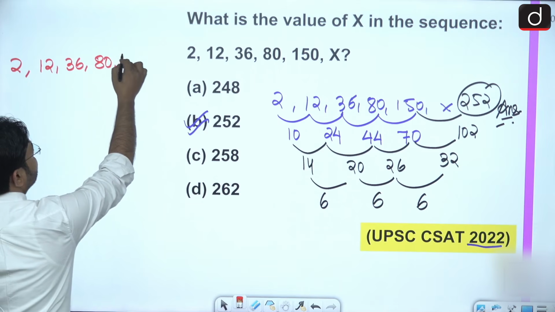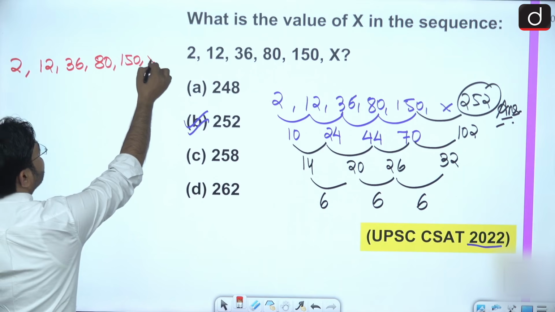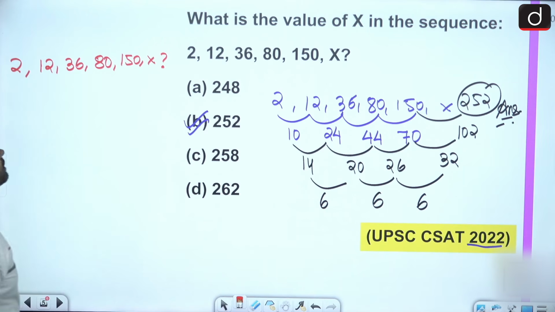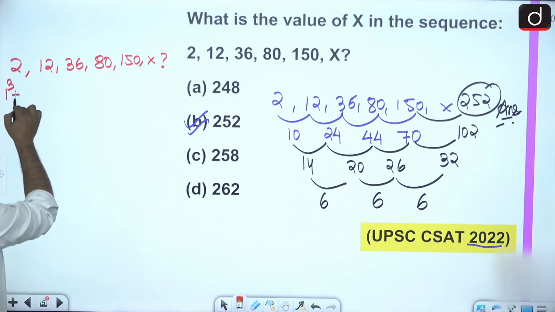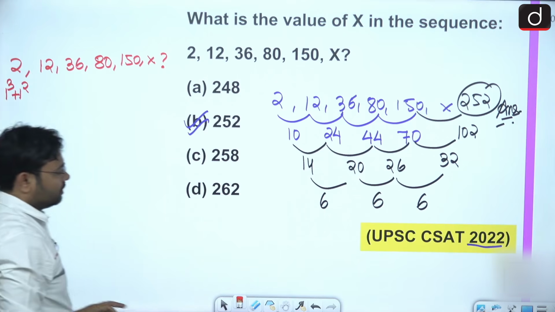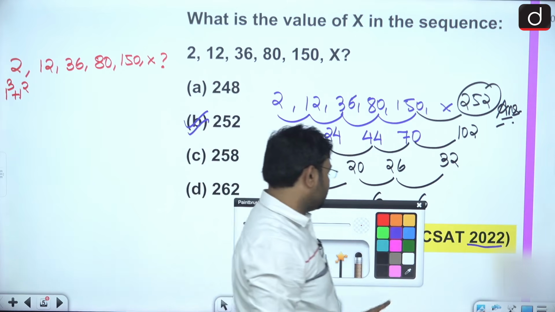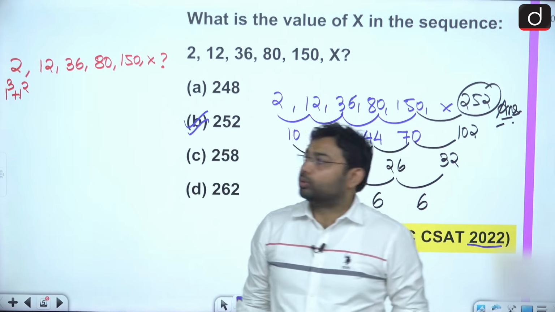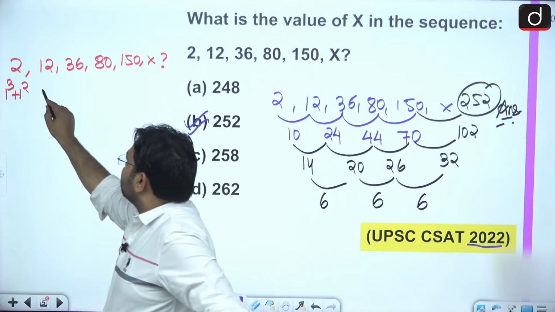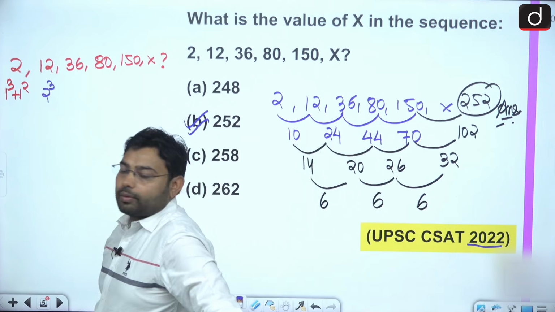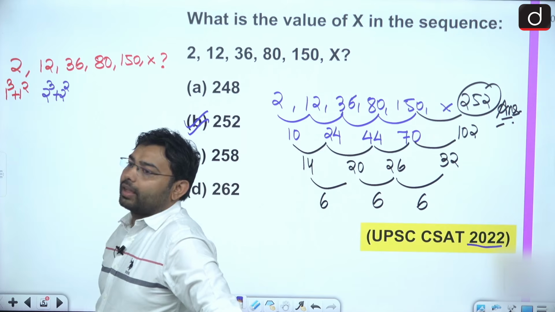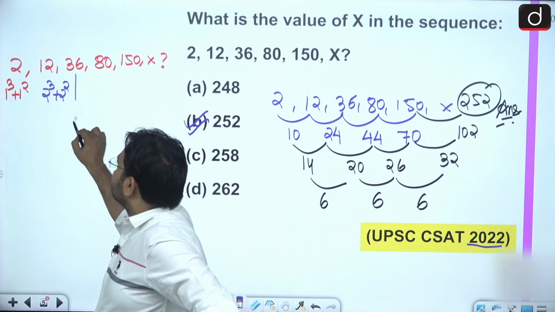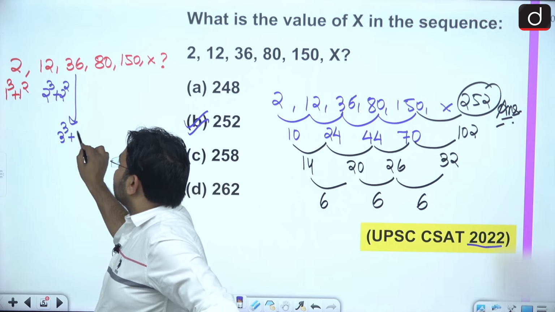This is not necessary to go with a single process in this quant section, or you can say in logical reasoning. This is what? 1 cube plus 1 square. Can we write this one? 1 cube plus 1 square is 2. And this one is 2 cube plus 2 square, and this is 3 cube plus 3 square.